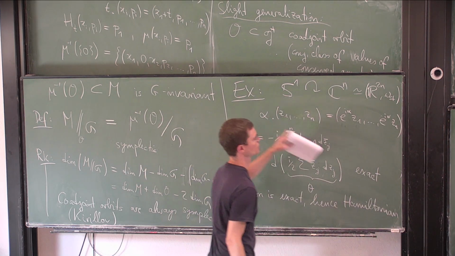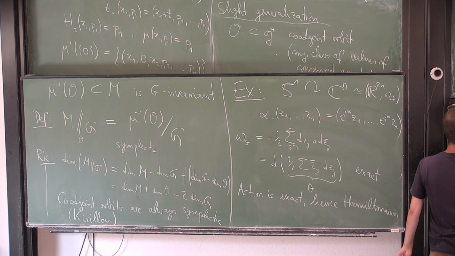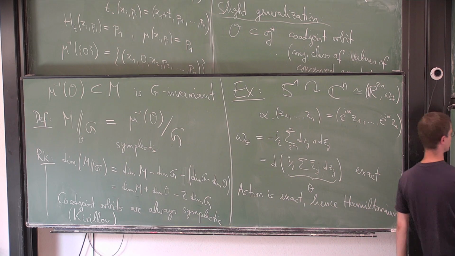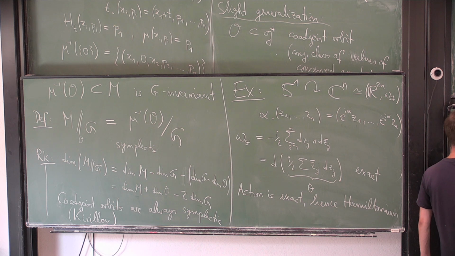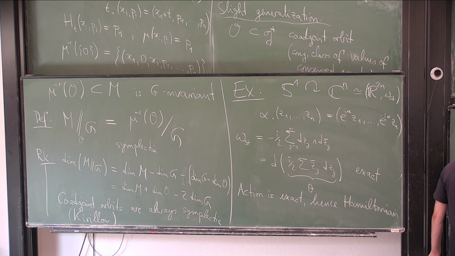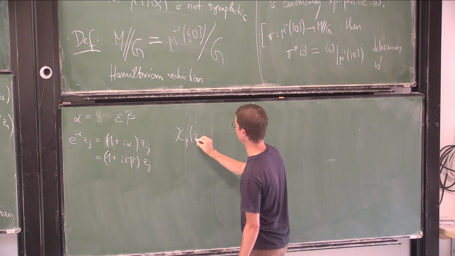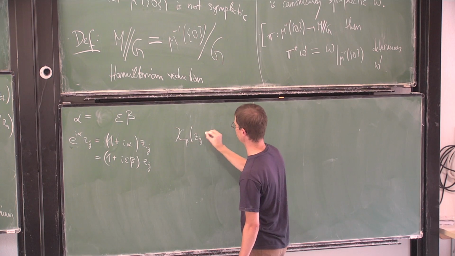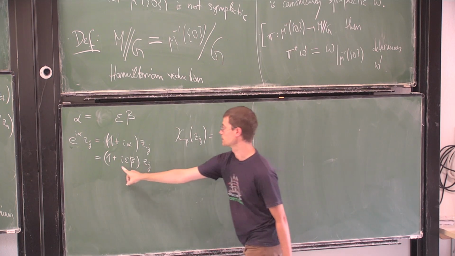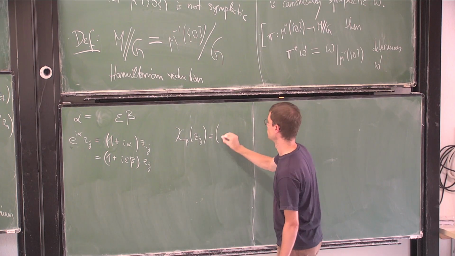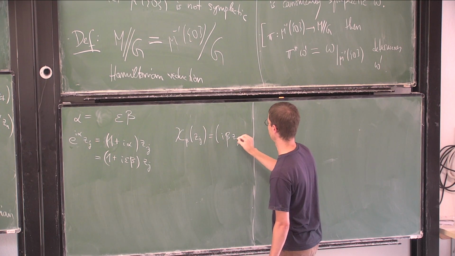Sorry, the Lie algebra is actually just R, right? It's just a small element. So 1 plus i epsilon beta z_j. So the vector field associated to beta at the point z_j is given by i beta z_j.